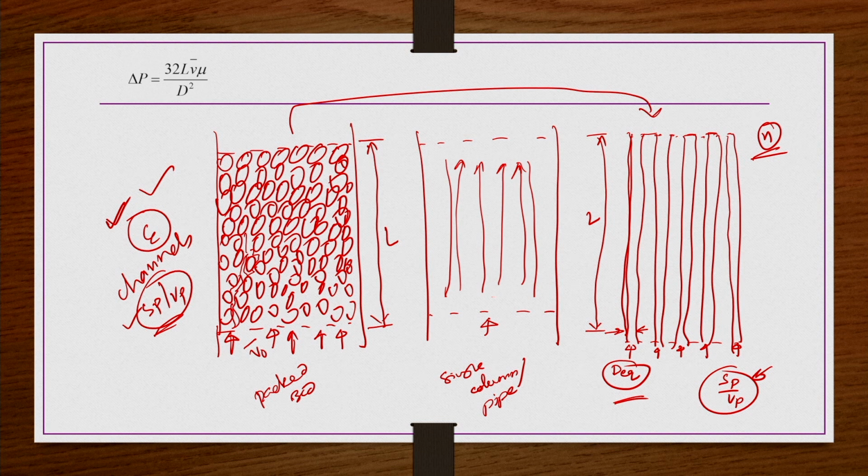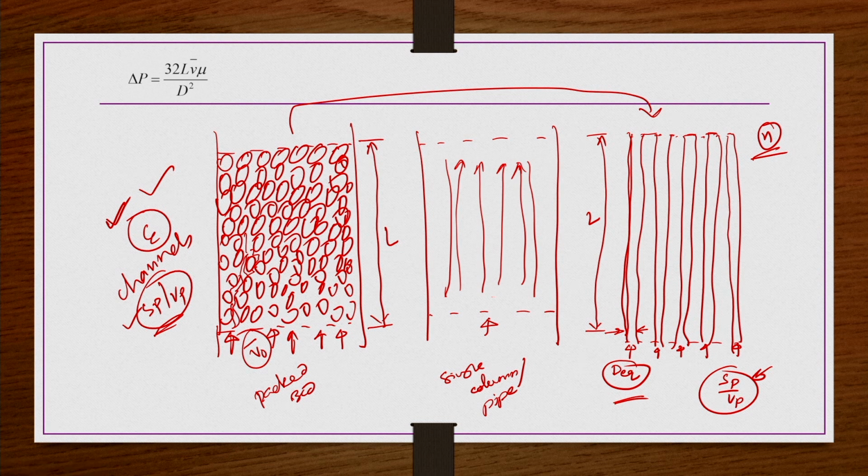But here v should not be v naught bar, because v naught bar is the velocity passing through as a superficial velocity, whereas the true velocity in the packed bed, the average velocity of the fluid element passing from inlet to outlet, may have some average velocity. That average velocity, V average, should be taken here, right.